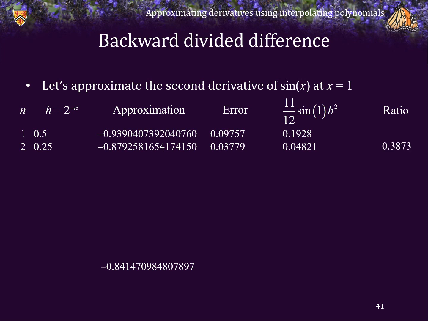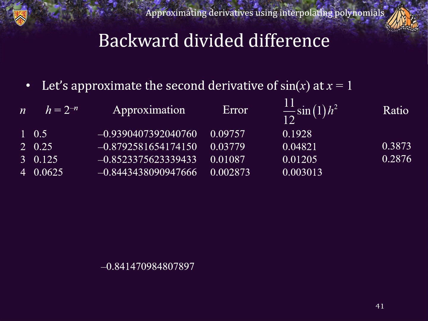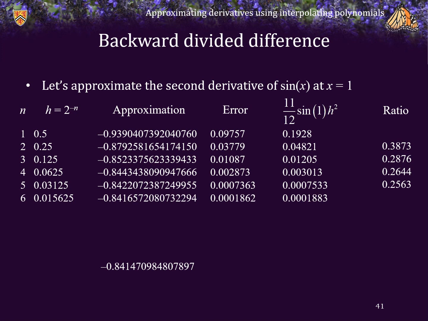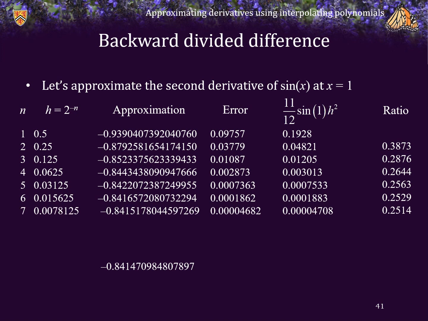And once again, notice that the error is dropping not by a factor of 4, but by a factor of 3. But as we make h smaller, it does seem like the error continues to drop by a factor of 4. And notice that our approximation of the error is pretty close to what the actual error is.